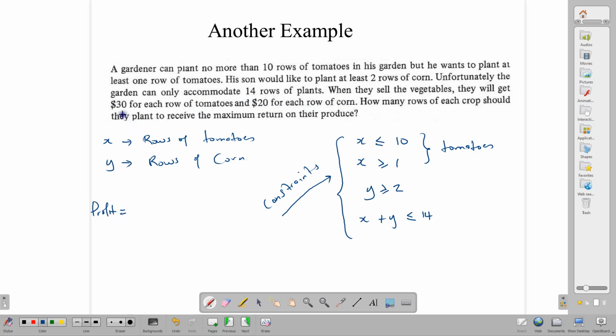The profit here is that for each row where they sell the vegetables, $30 for each row of tomatoes, so we can have 30x, and $20 for each row of corn, so we can have 20y. So now we would use this function to decide what combination of rows of tomatoes and corn should be planted in order to make the maximum profit.